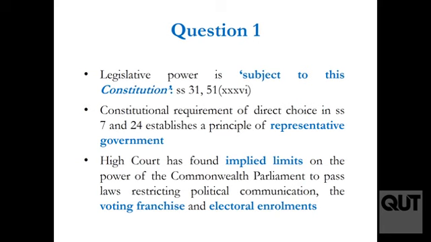It's really important that this broad principle of representative government or representative democracy has been relied on by the High Court to restrict the power of the Commonwealth Parliament to pass laws that A, infringe or restrict political communication, and B, laws that restrict the voting franchise and electoral enrolments. It's this principle of representative government that's such an important source of these limits.